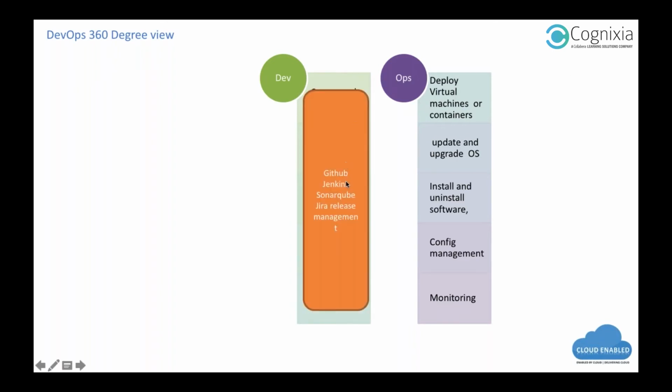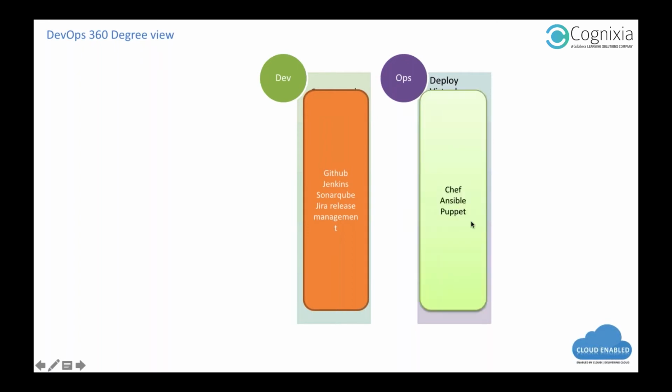So for the dev part, just to summarize, you have GitHub, Jenkins, SonarQube, and then Jira for release management, right? And when you talk about the ops part, you have Chef, Puppet, and Ansible. So using these tools, you can automate and orchestrate all the things which you have done manually in your life. That's all DevOps is about.